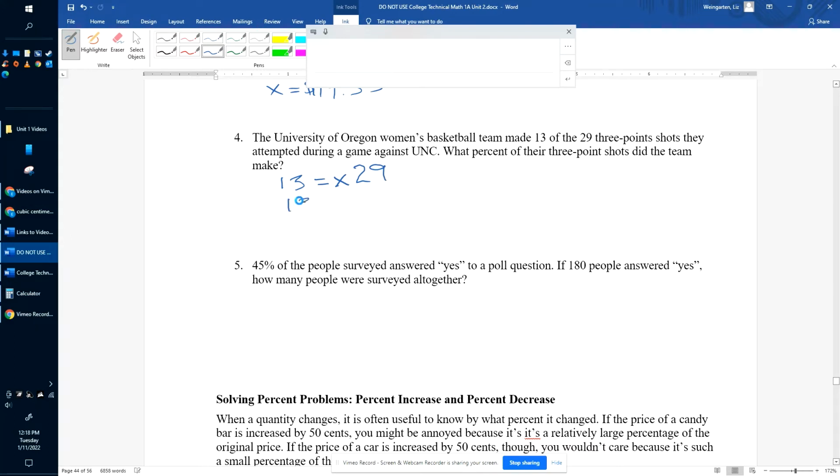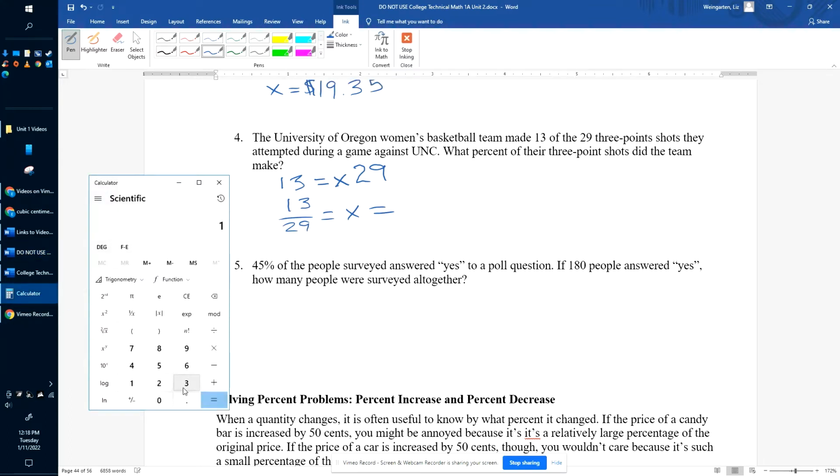So x equals 13 over 29. What is 13 divided by 29? That is a crazy number. However, we have to make it a percent, so let's multiply it by 100. And we get about 44.8%.